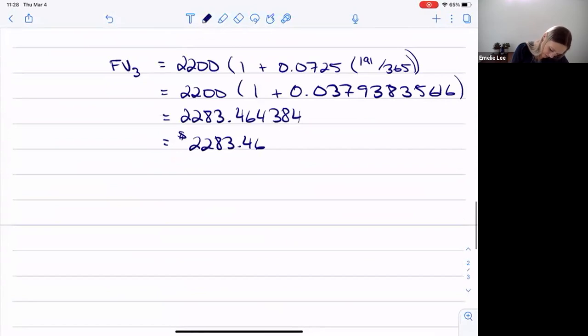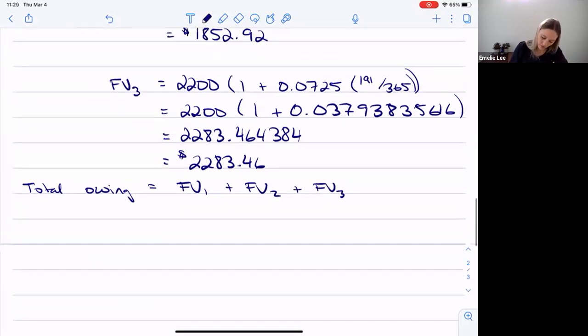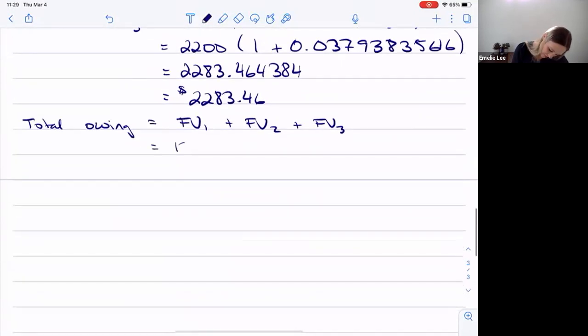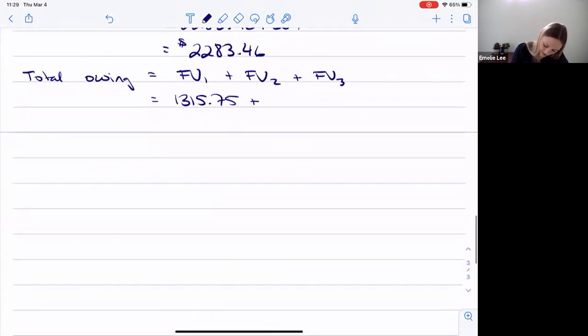So the total owing is future value 1 plus future value 2 plus future value 3, which is 1315.75 plus 1852.92 plus 2283.46.